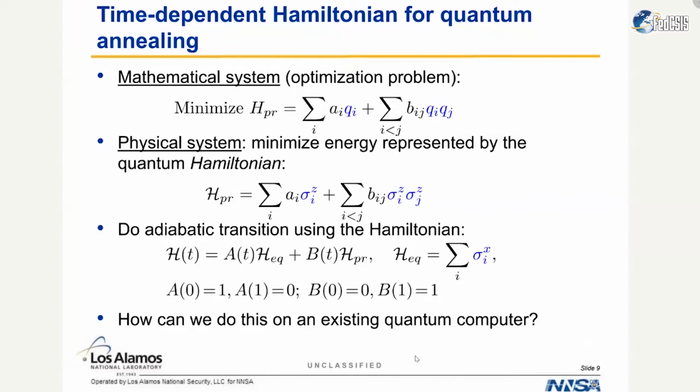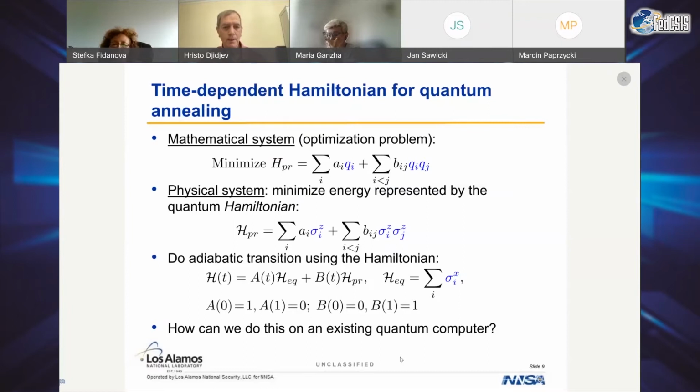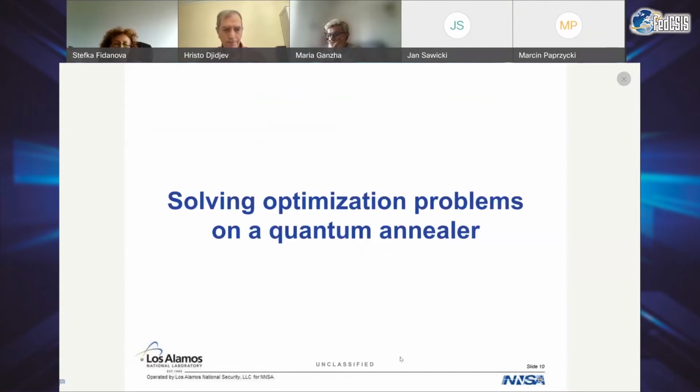So by changing the time from 0 to 1, our system transitions from the one being a flat line to one that corresponds to our problem of interest. Okay, so let's go to the next slide.